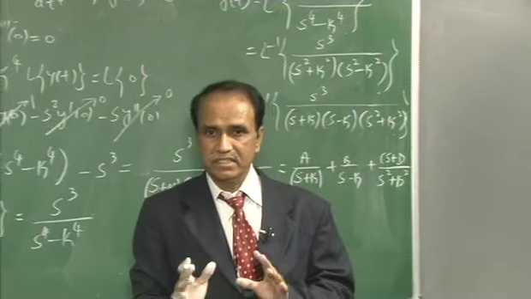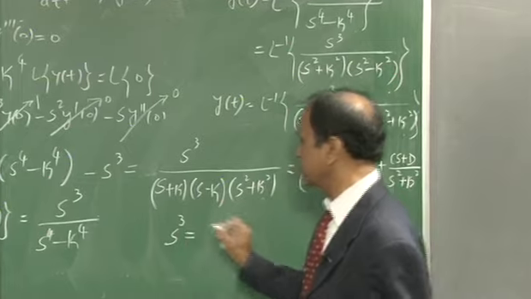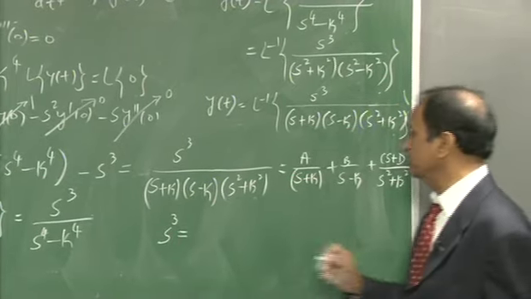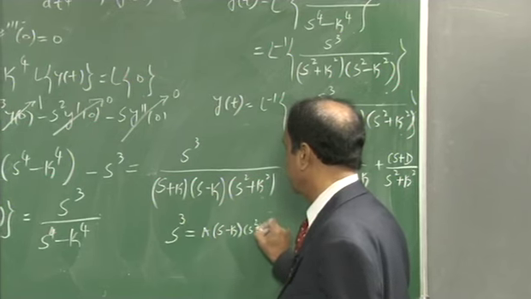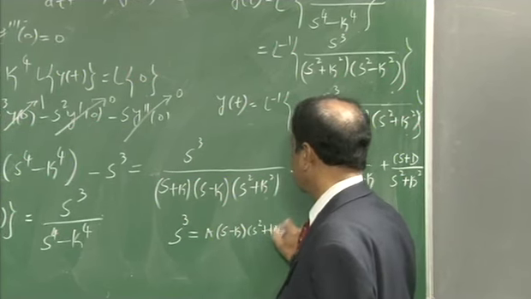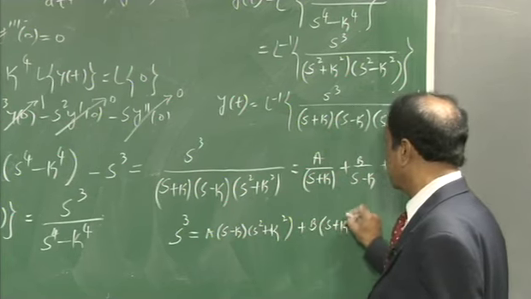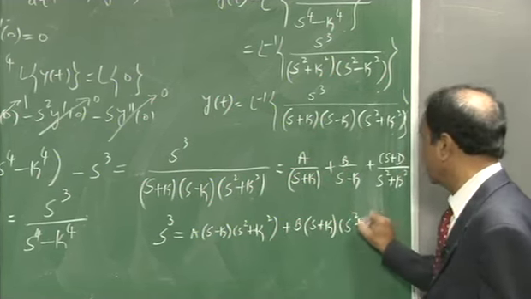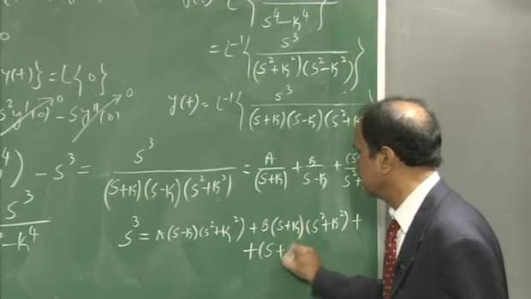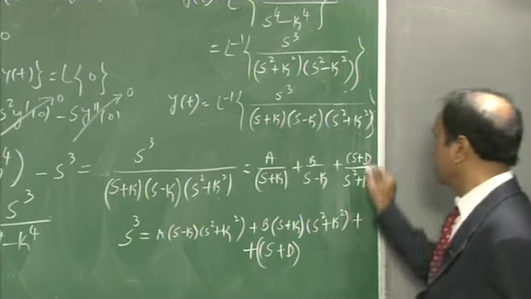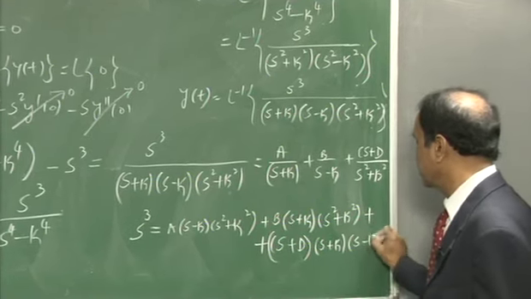Then on the left side, if you take the LCM, s cube is equal to A into s minus k into s square plus k square, one term, plus B into s plus k into s square plus k square, plus Cs plus D into s plus k into s minus k.